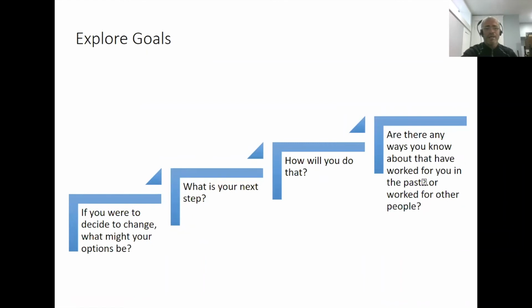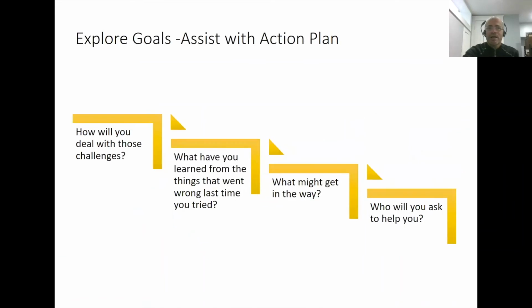This is a great guide leading to, if you were to decide to change, what might your options be? These are exploring goals, right? This is a very challenging time, especially after we find the goals that we want to do. This is the discussion on how we're going to reach them, right?